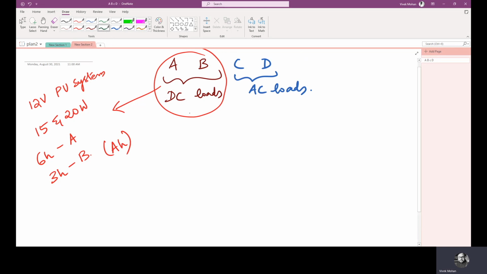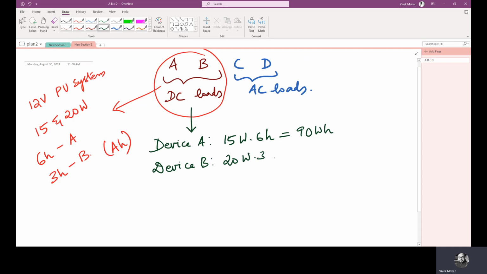Now how will you find that? For device A, 15 watts into 6 hours equals 90 watt hours. Then device B, 20 watts into 3 hours equals 60 watt hours.